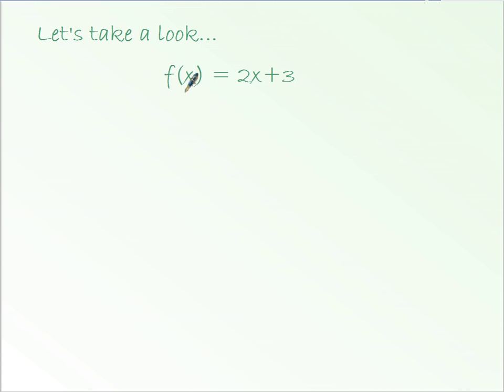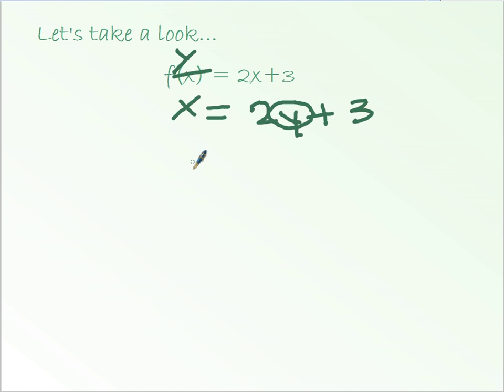Alright, so again, this is y. This is the same as y, so I'm going to put a y here instead of f of x. And I'm definitely going to trade places with the x and the y. So I'm going to get x equals 2y plus 3. And now I'm going to make myself a list using order of operations of what's happening to y.